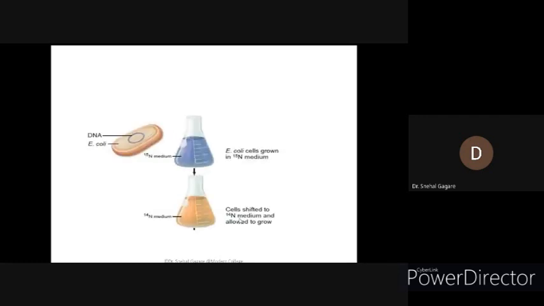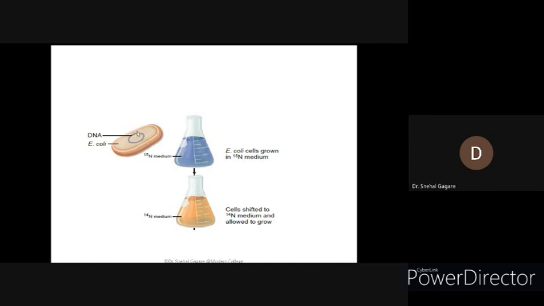these two strands. So now what they did is, they used E. coli. This E. coli was first grown in a medium containing N15 nitrogen, that is, the heavy isotope of nitrogen. For a few generations, this E. coli was grown on N15 containing medium.